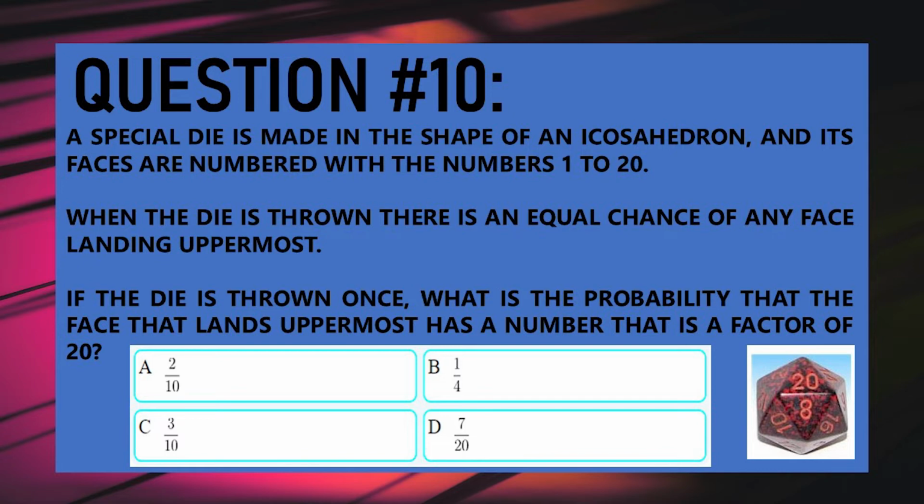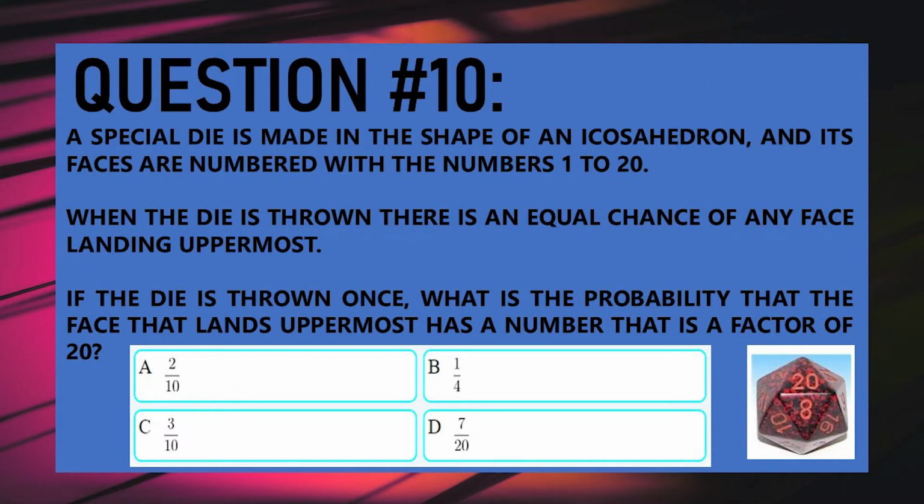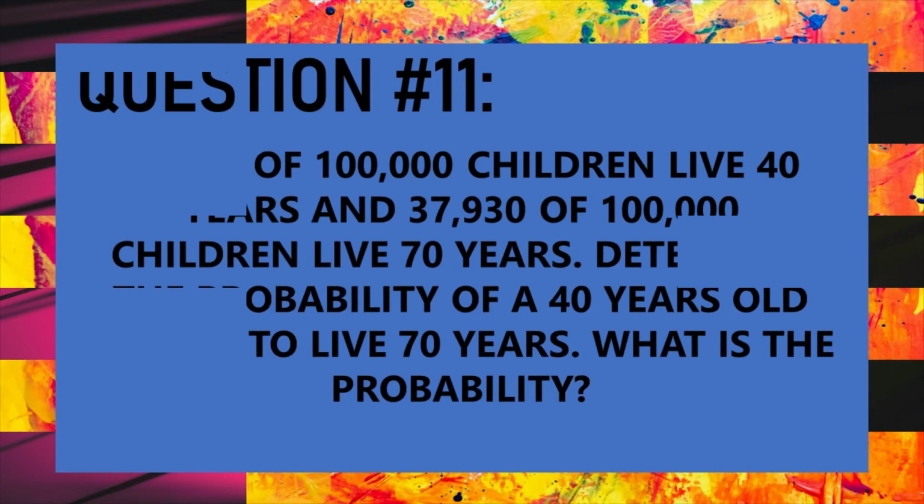Or letter D, 7 over 20. And the correct answer is letter C, 3 over 10.